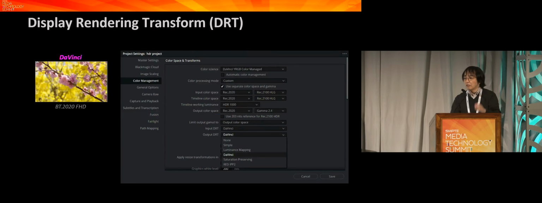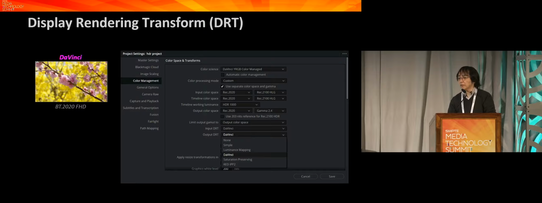The display rendering transform, or DRT, plays a critical role in tone mapping. The original HDR image had yellow flowers and pink flowers like this. For creating SDR images, I used two DRTs.